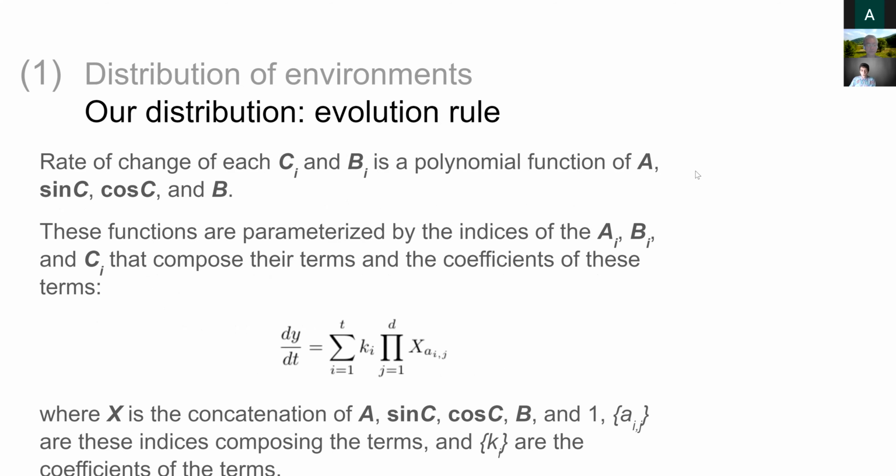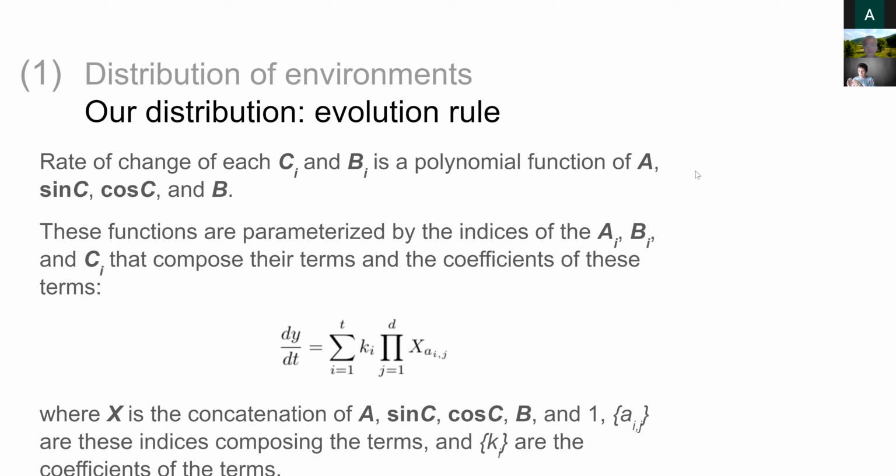Our evolution rule is that the rate of change for each cyclic and bounded variable is a polynomial function of the action, the sine of the cyclic, the cosine of the cyclic, and the bounded variables. These functions are parameterized by the indices of each action, bounded and cyclic variable that comprise their terms, and the coefficients of the terms.